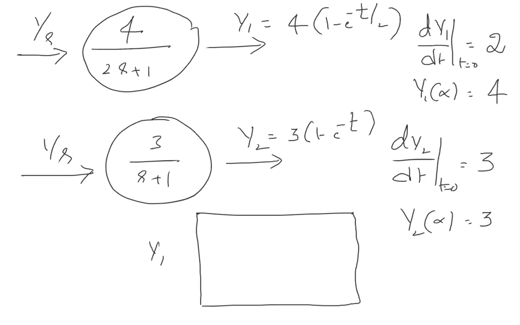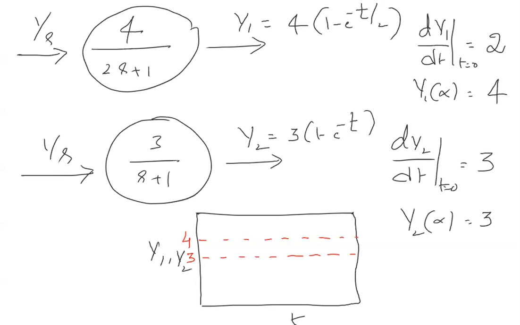Now if you plot the response of y1 and y2 with respect to t, you have to mark the final values. One is 4, another one is 3. For the first one, the initial slope is less.